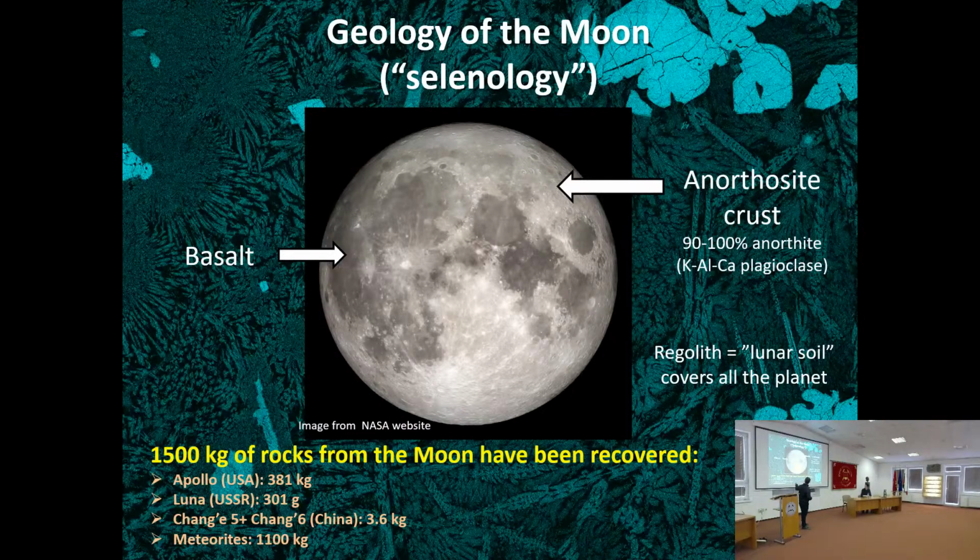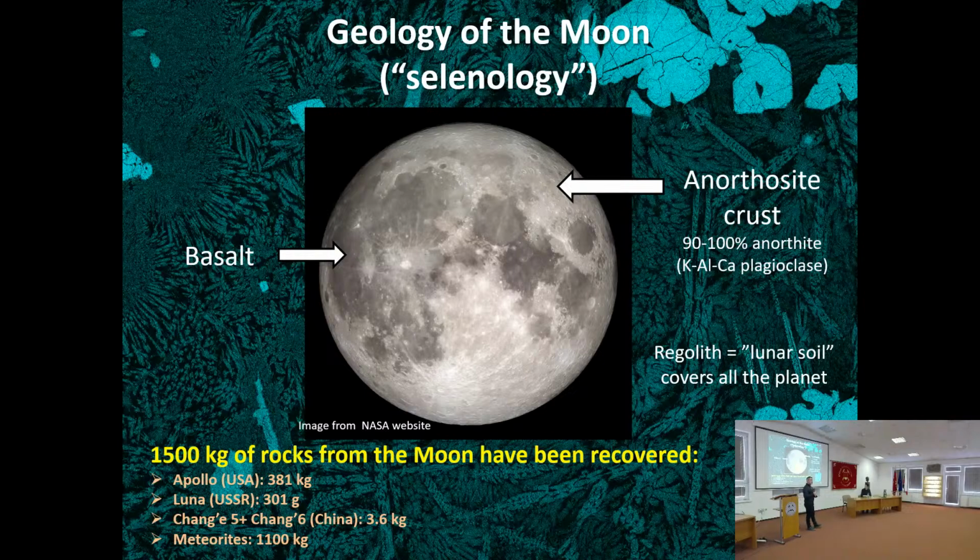And we have basalt, the black spots you see when you look at the full moon. We have also the regolith, which is the lunar soil covering the entire planet. It's the result of the constant smashing of the surface of the moon by meteorites. Relatively simple at the first look.